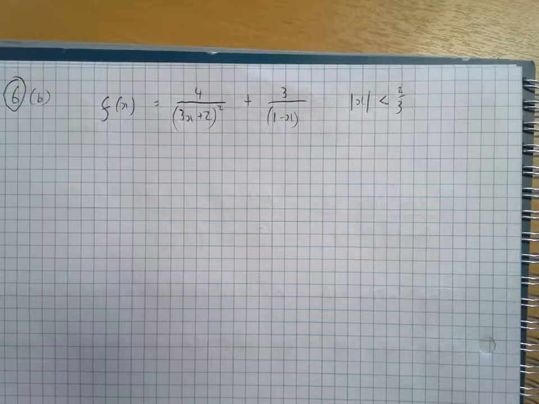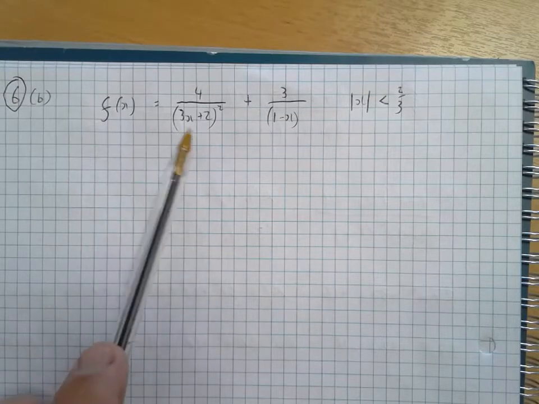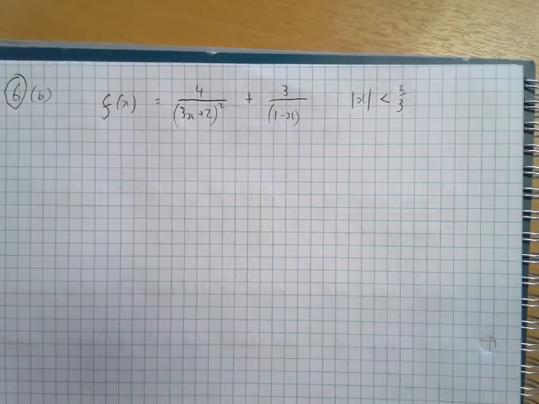Part B is asking us to hence or otherwise find the series expansion of f of x up to x squared. Okay, so now what we've done from part A is we've put the f of x into two partial fractions because we've got a equals 0, so I'm left with f of x is that. So in order to do this, we're going to have to expand each term using a binomial.